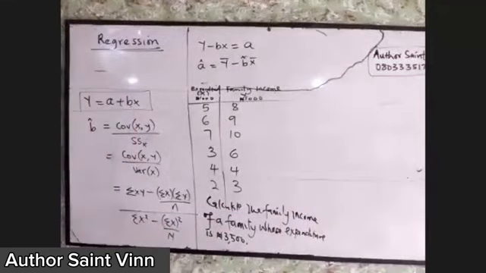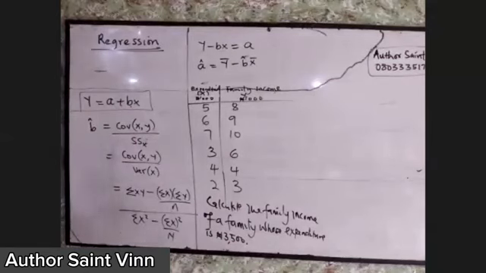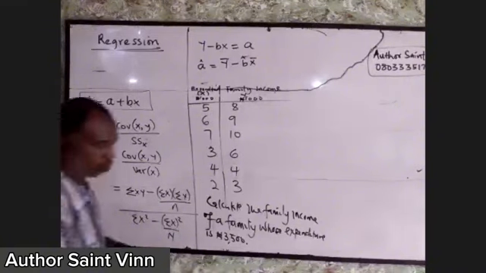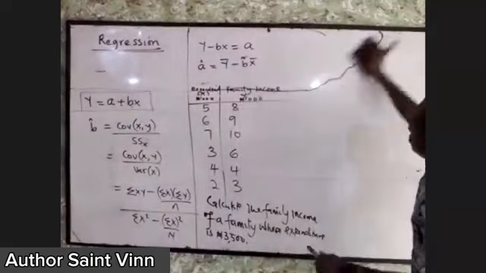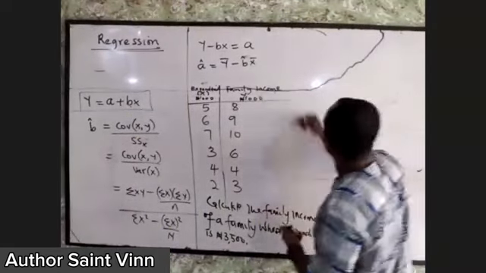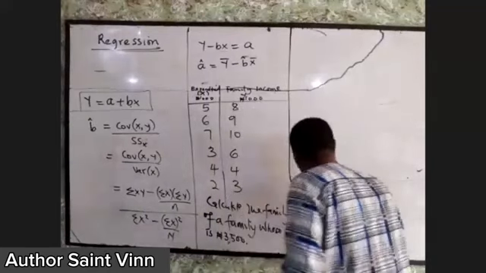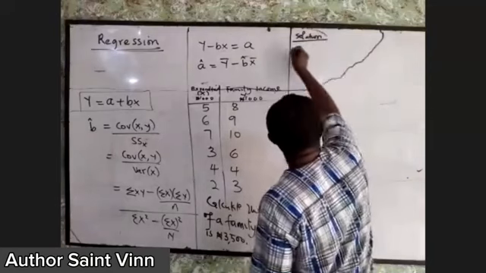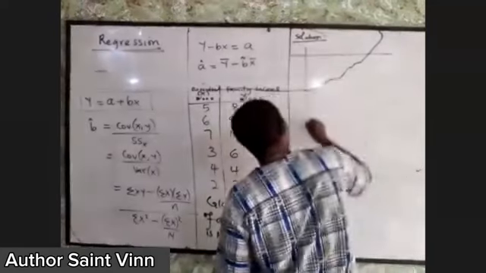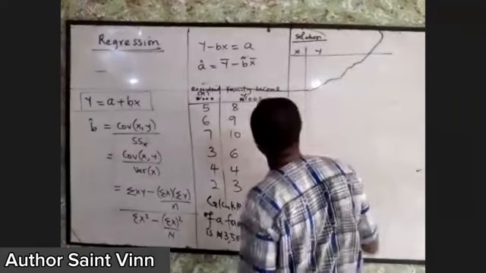And now with that formula, we need x, we need y, we need xy, we need x squared, and that's what we're going to do. Is that okay? Solution to our question. It goes like this. There is our x, there is y.